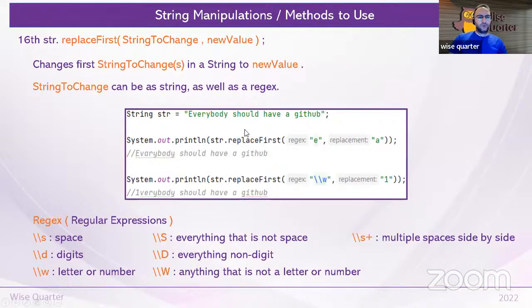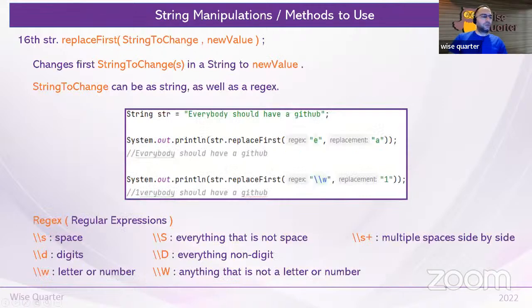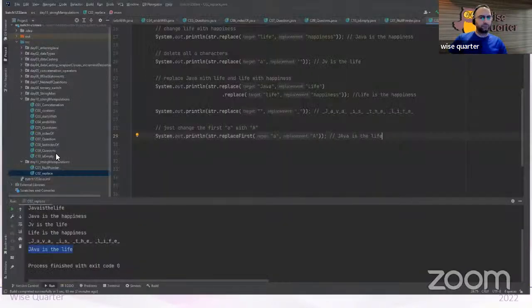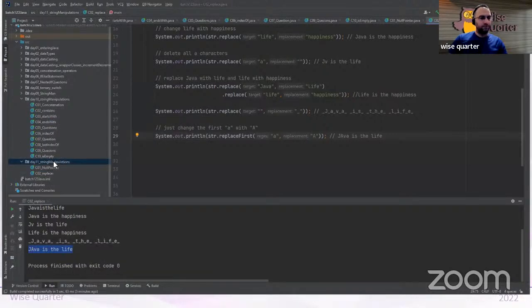And this is also an important topic. We are going to use replaceAll. To use replaceAll, we have regex. And I will try to explain it from the code. For that, we need another class, CO3. I will make replaceAll.